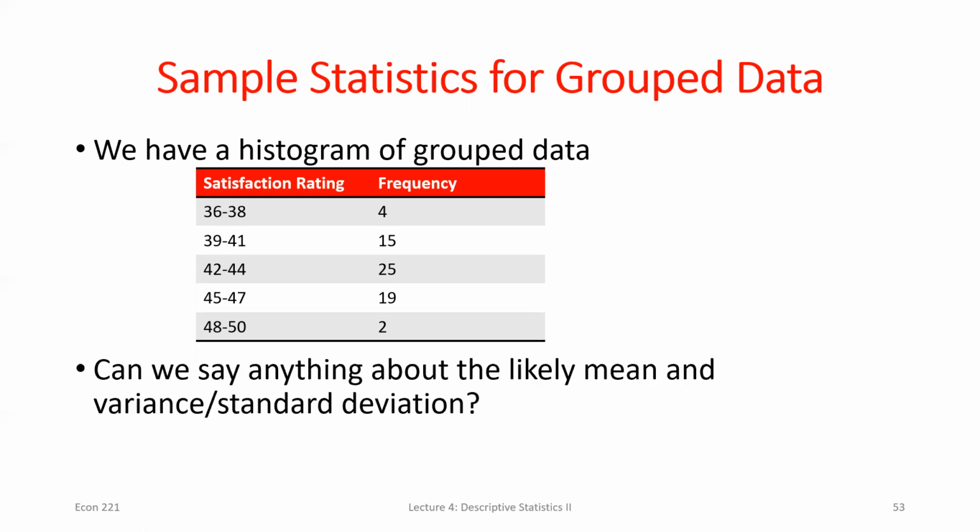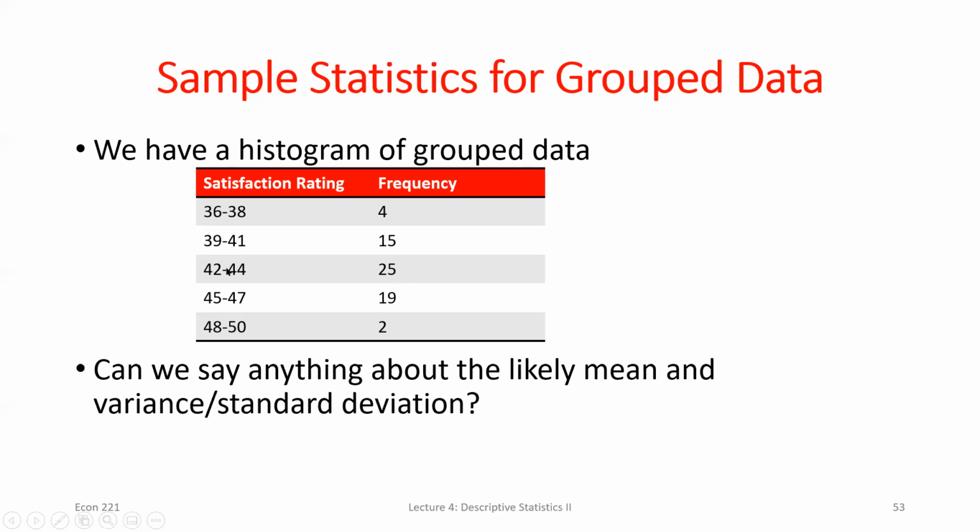Okay. So before we go ahead and calculate it, if you had to guess, where's the weighted mean for this data set? Around what value? 42, 43, 44. And why would you think that? Well, first of all, the bin that has the highest frequency is going to be a value of 43.